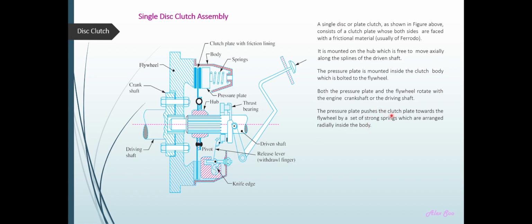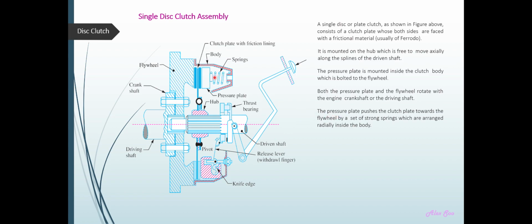Now the pressure plate pushes the clutch plate towards the flywheel. So it pushes the pressure plate forward so that it comes into contact with the flywheel, by a set of strong springs. The springs exert a pressure onto the pressure plate so that it moves forward.